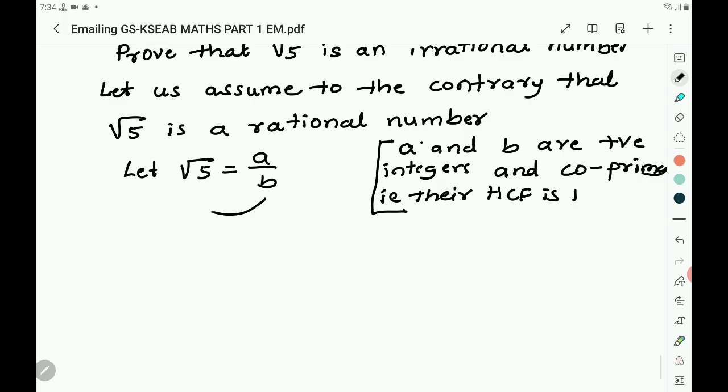Now transfer this b to the LHS, that becomes b root 5 equals a.